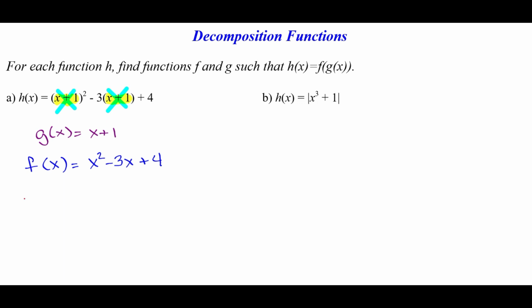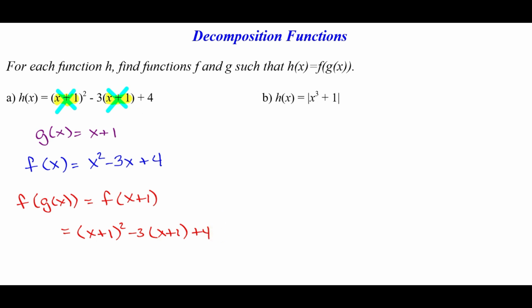And then if we do f of g of x, then we're going to do f of x plus 1, which means we're going to rewrite the f function, except every place there's an x, we're going to write x plus 1, which gives us x plus 1 quantity squared minus 3 times x plus 1 plus 4, which is exactly what we started with.